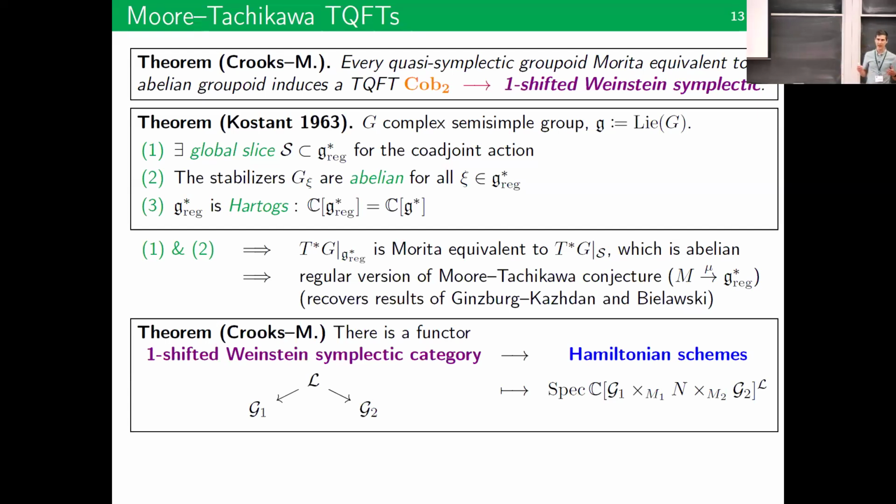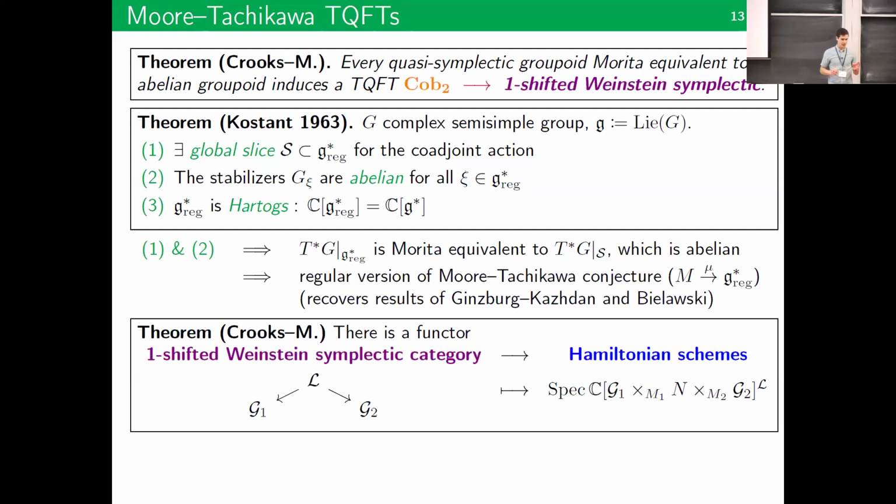First of all, I said that the composition in the Hamiltonian category is a one-shifted Lagrangian intersection. So if you have this category of Hamiltonian spaces, and then you do a symplectic reduction to do composition, this is an example of one-shifted Lagrangian intersection. Conversely, you can go back.